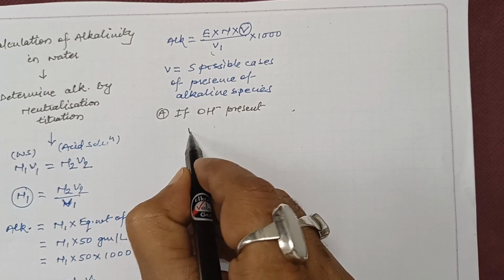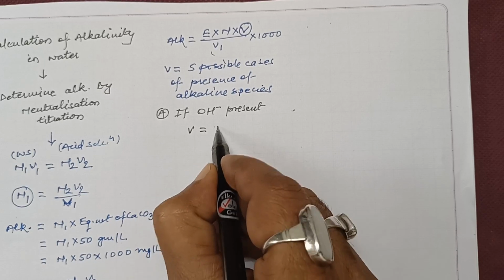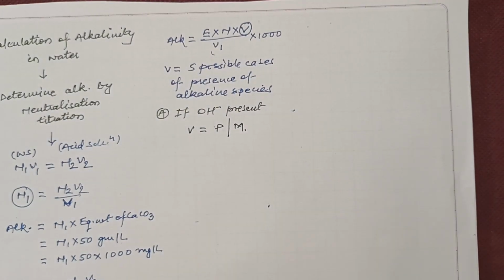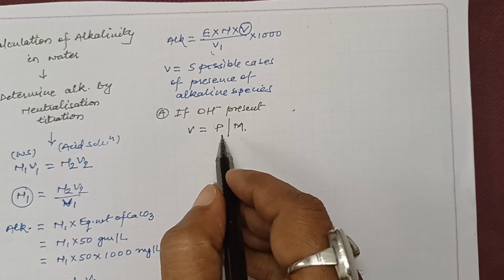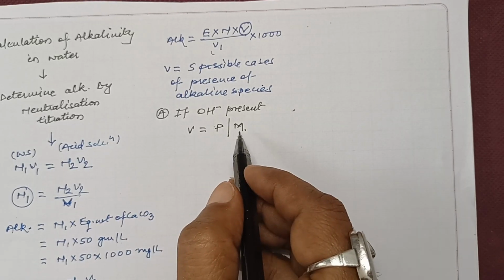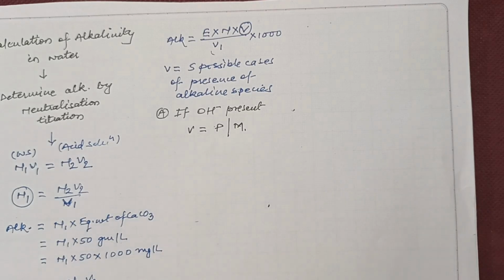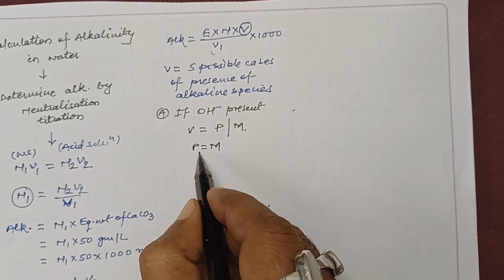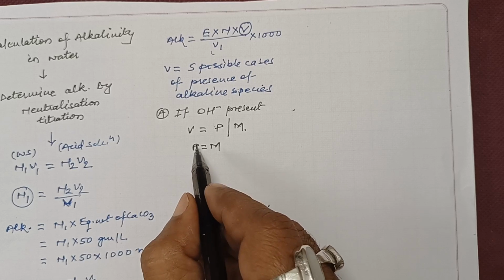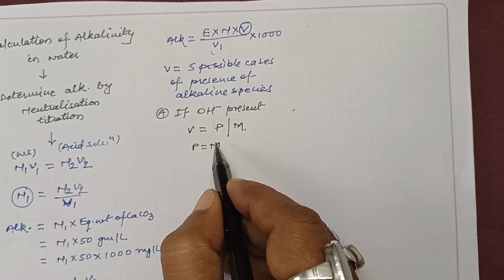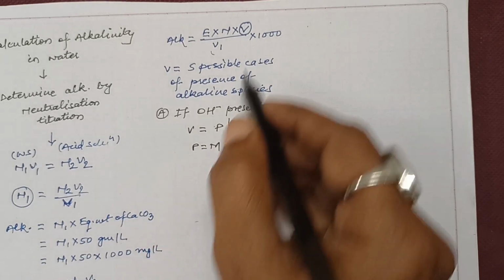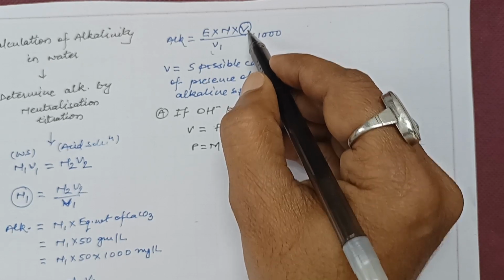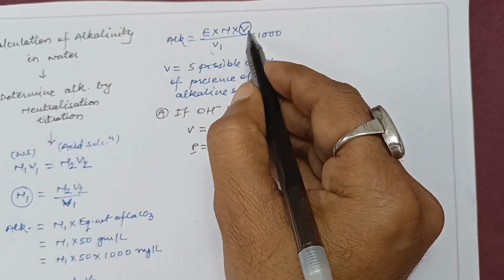Here the volume should be P, the value of phenolphthalein endpoint, or M. If the value of phenolphthalein endpoint and methyl orange endpoint are the same, that means P is equal to M, then whatever the value of P or M can be taken for the calculation of alkalinity, and we can put P or M in place of this V.